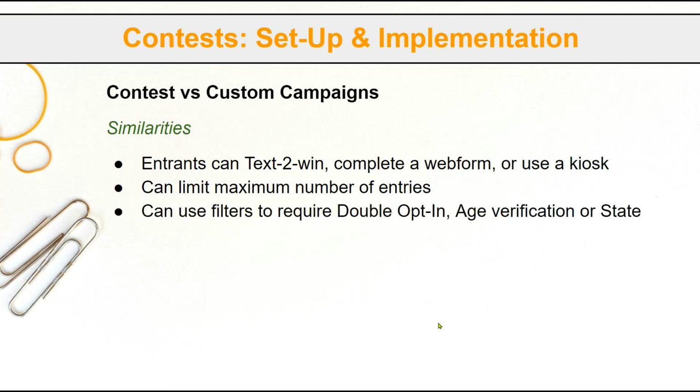And both can use filters to require double opt-in, age verification, or even state abbreviation. Where they differ, though, is very significant and is generally the source of campaign confusion. So let's quickly familiarize ourselves with these.